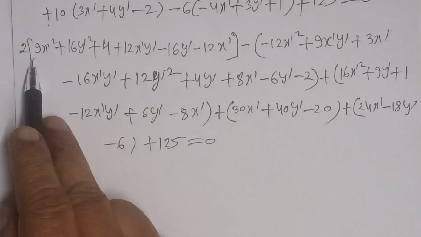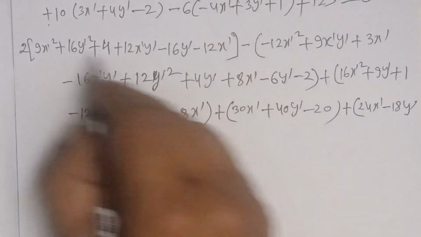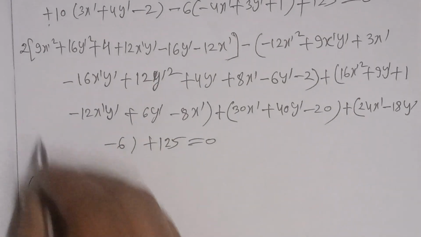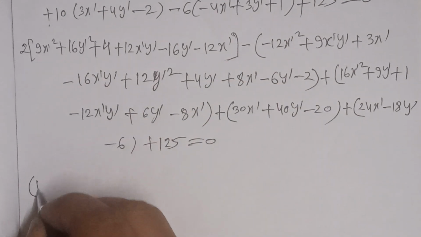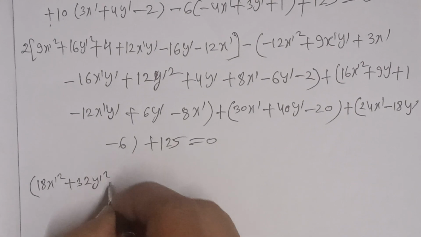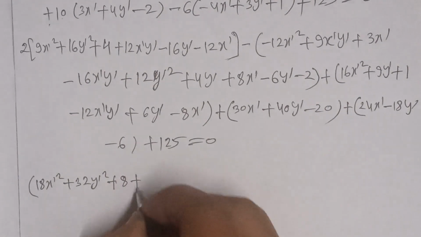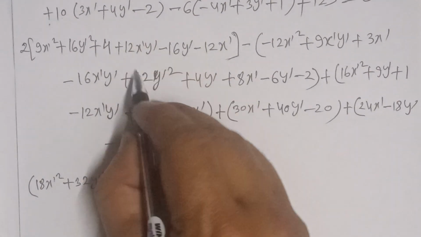For easier calculation, we should multiply 2 in these terms. So take 2 in this, we get 18x' square plus 32y' square plus 8 plus 24x'y'.